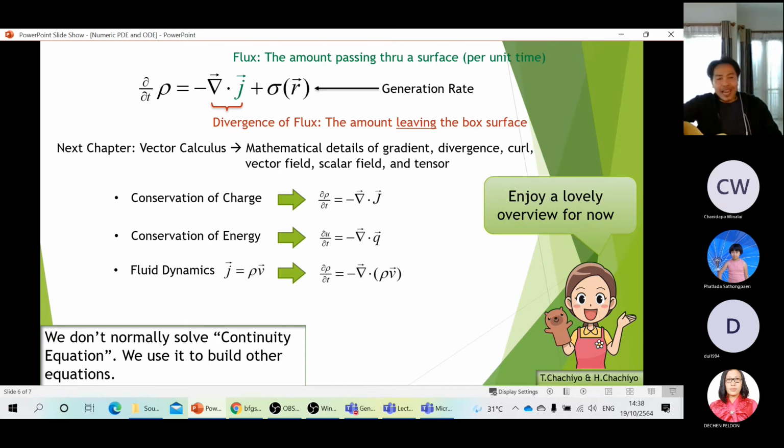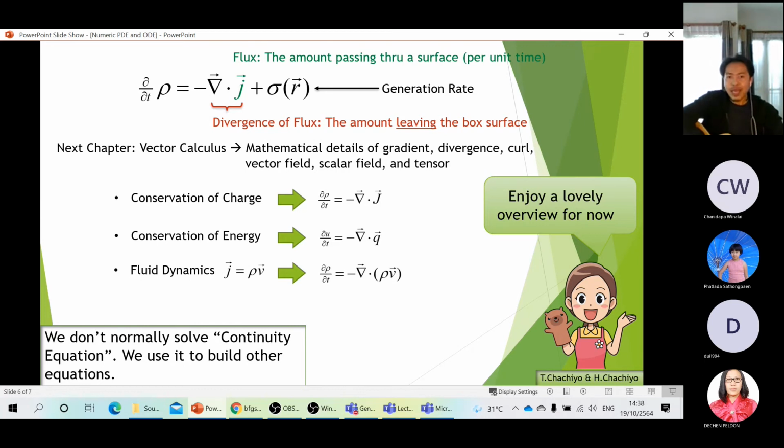In fluid dynamics, we talk about the flow of water, of gas, of liquid, and so forth. Now, the flow of something can be thought of as two factors: the speed of the flow, the V, and also the density of that material. If it's dense, then the flow is huge.